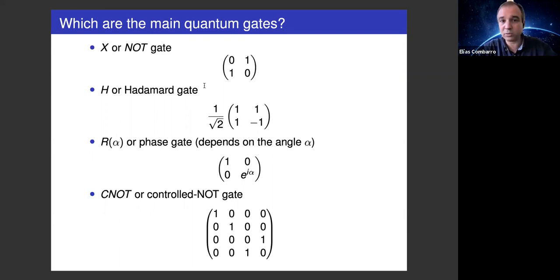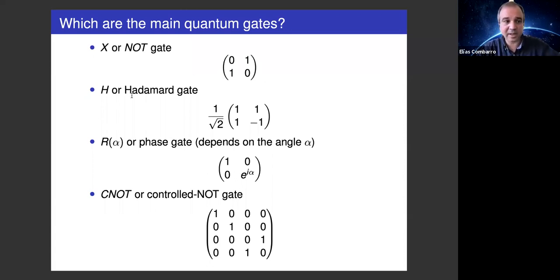Some of the most important quantum gates include the X or NOT gate, which just takes a 0 to a 1 and a 1 to a 0, and of course a combination of these values is taken to a combination of the negation of 0 and the negation of 1 by linearity.